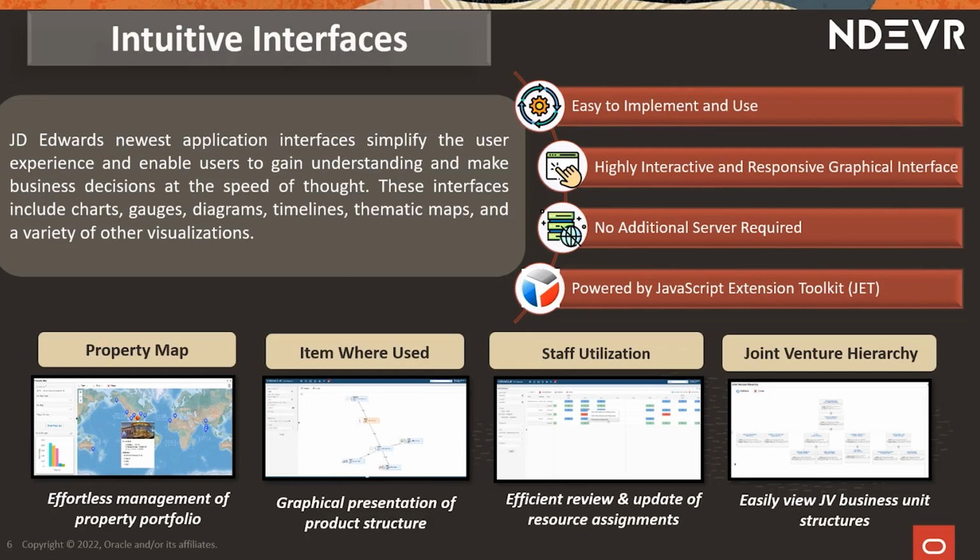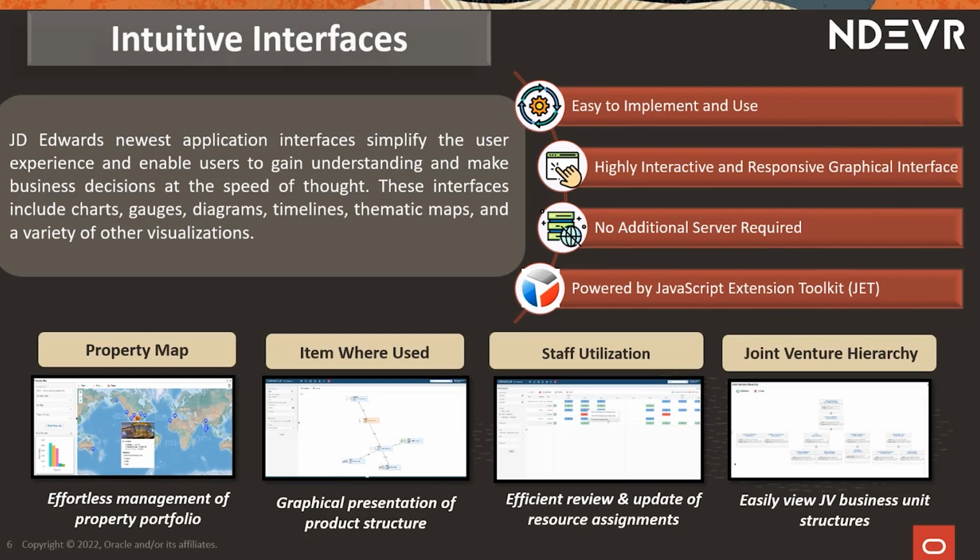The other important item that we have introduced is itemware use, where you can get a graphical presentation of your work orders, making sure that what all items are required, or what all raw materials are required to get that ultimate finished good. A couple of other things are staff utilization, enabling you to check on utilization of your employees.